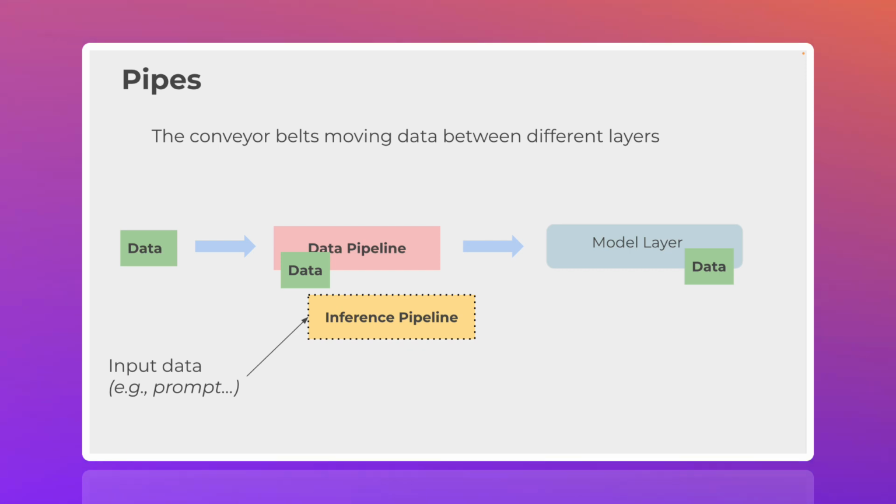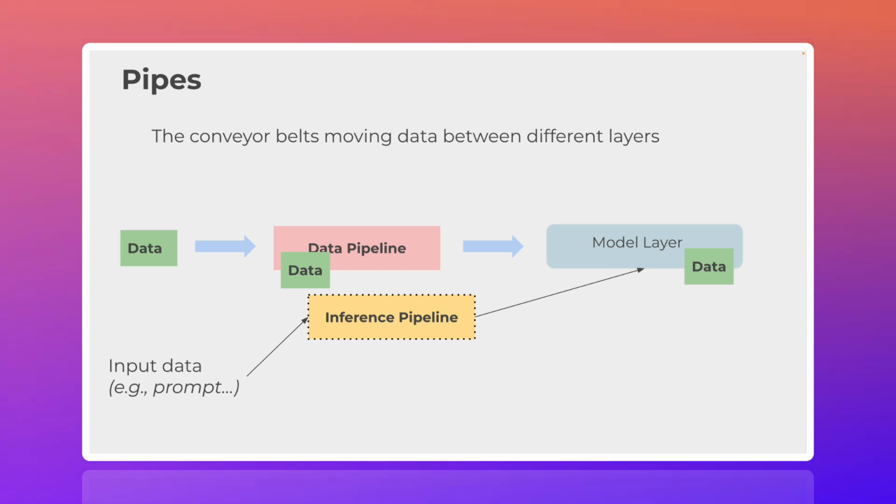Here it's a little bit different because now it moves input data. It's an important distinction: the data pipeline moves raw data from the data layer to the model layer, whereas the inference pipeline is responsible for moving input data from users, again, a prompt for text generation, to the model layer for real-time inference, and then returns the result back to the user.